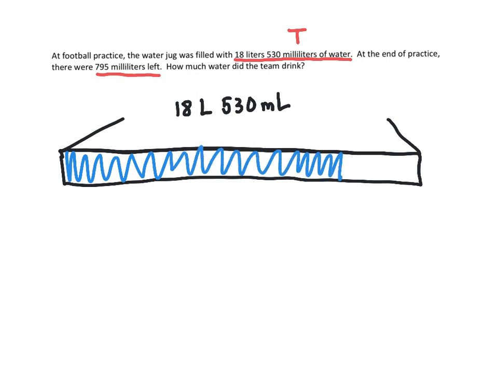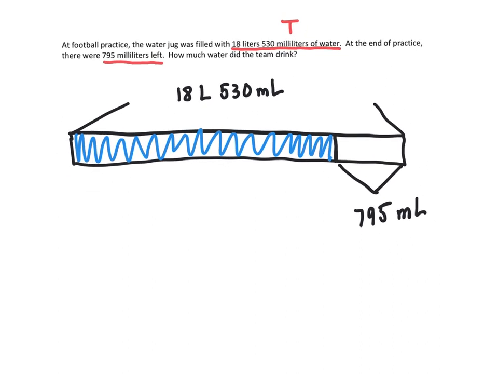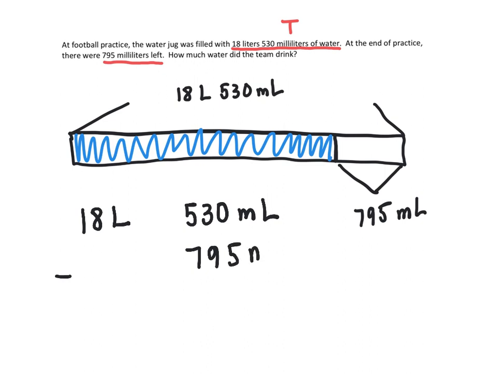We don't know exactly how much water, but we know this part right here is how much is left in that jug. So what we have to do is we have to subtract. So we're going to take 18 liters, 530 milliliters, and subtract 795 milliliters. All right.